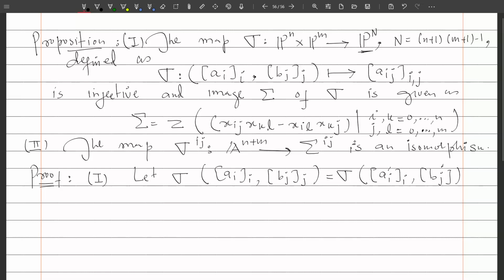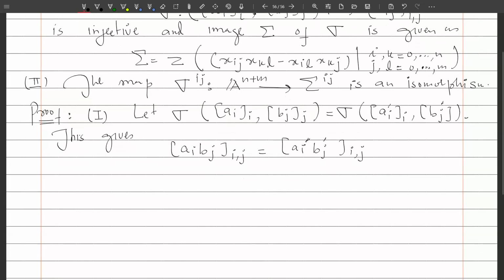Now sigma of a_i b_j is actually a_i b_j, where i and j run from 0 to n and 0 to m respectively. Similarly, this is a_i' b_j'.